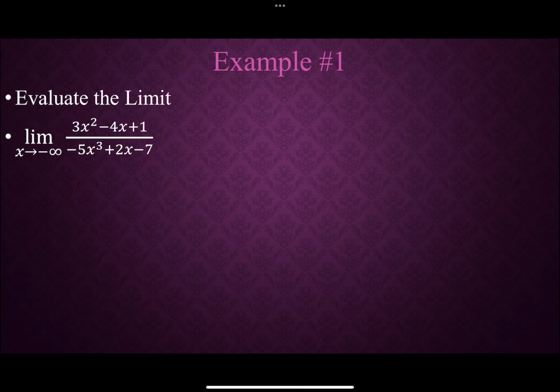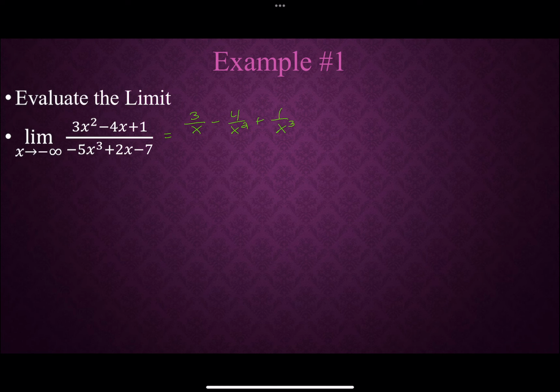So we're going to see here, x approaches negative infinity, of 3x squared minus 4x plus 1 over negative 5x cubed plus 2x minus 7. The x cubed is my largest power, so I'm going to divide everything by x cubed, which creates these fractions. In the numerator, x squared divided by x cubed gives an x in the bottom, so 3 over x.